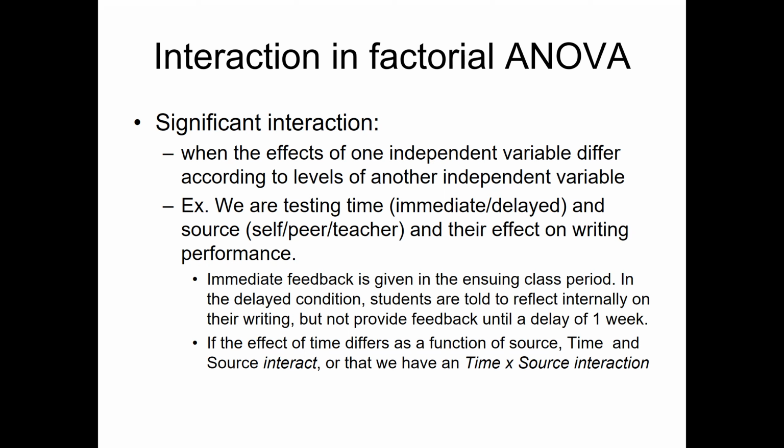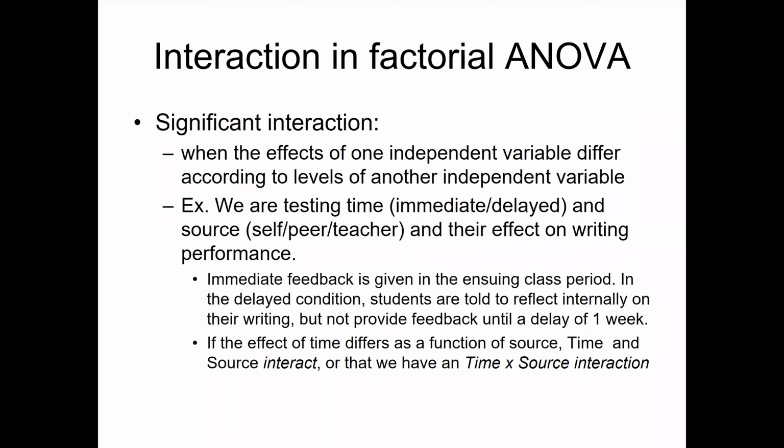Some students are assigned to peer feedback immediately, which means that immediately after completing their work, they work with a peer to analyze their performance, and perhaps rate it. In both conditions the conditions are similar, except for the source of feedback.